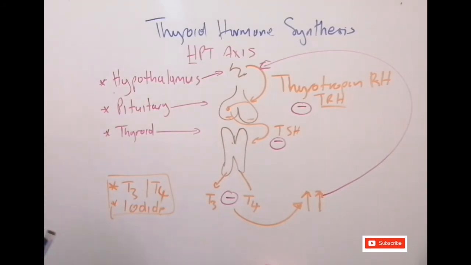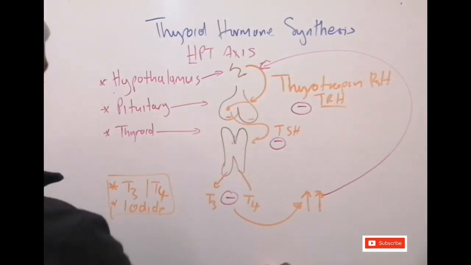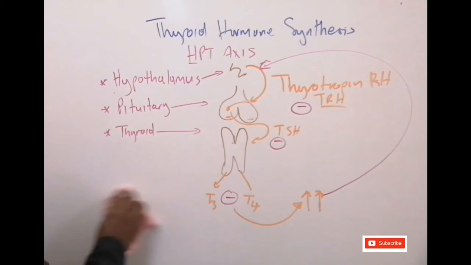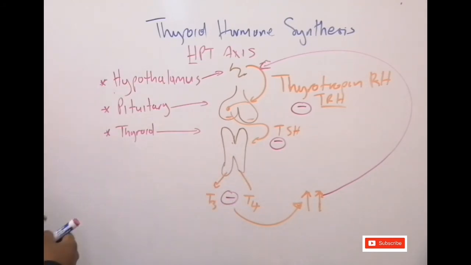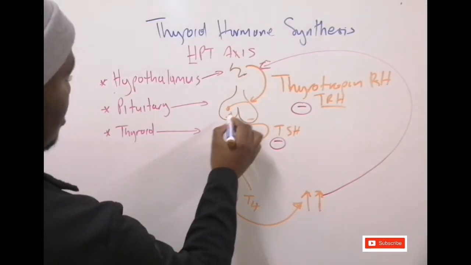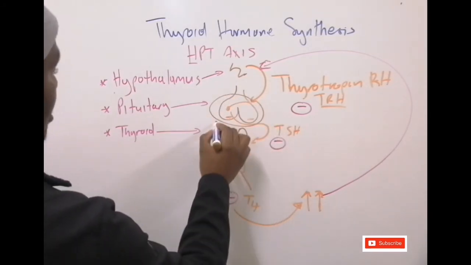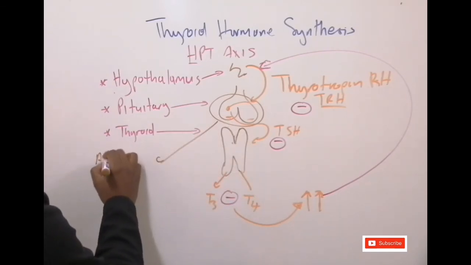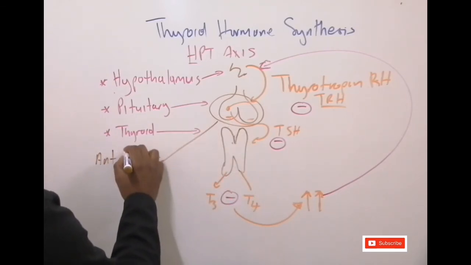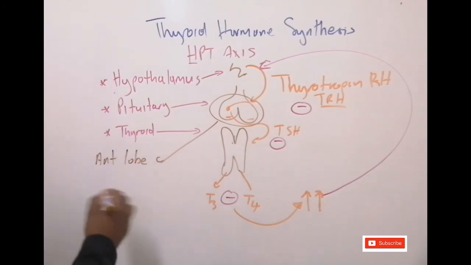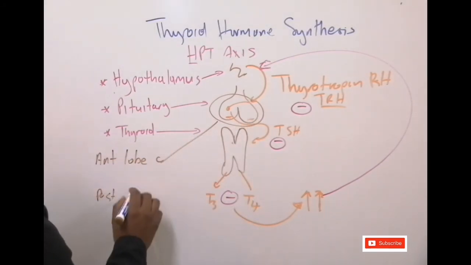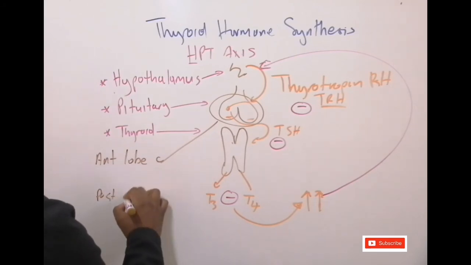So, if I can just come back to the anterior pituitary or the adenohypophysis as a whole, one thing that we need to remember here, guys, is that it has the anterior lobe, called the anterior pituitary, and then the posterior lobe, which is called the posterior pituitary.